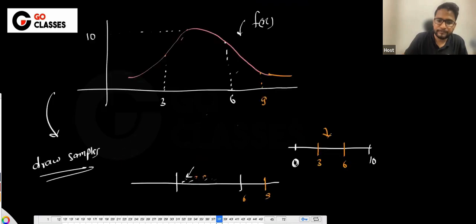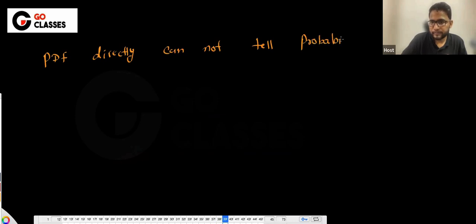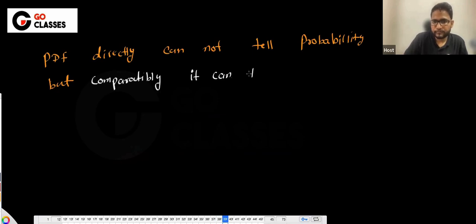So let me write here: PDF directly cannot tell probability, but comparatively it can tell you which range is higher.